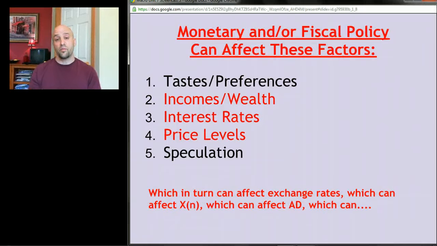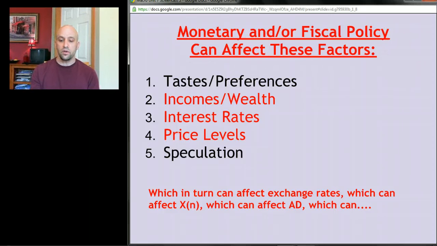Now, what we saw back with monetary and fiscal policy is that monetary and fiscal policy can directly affect some of the factors that in turn affect exchange rates. Monetary and fiscal policy causes aggregate demand to move, which changes price levels, changes GDP and incomes. We've seen that monetary and fiscal policy might have an effect on interest rates, which is another thing that affects currency exchange values.